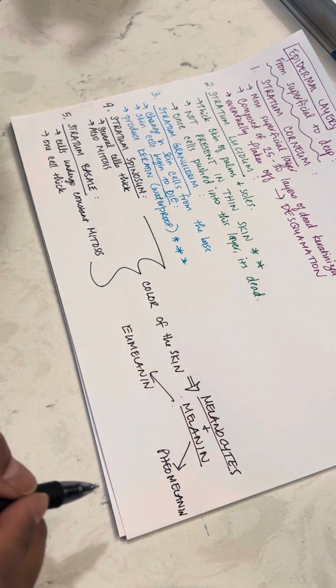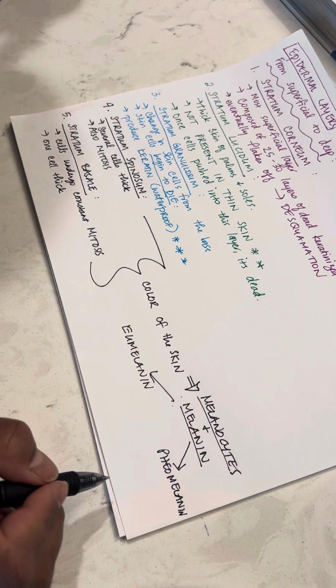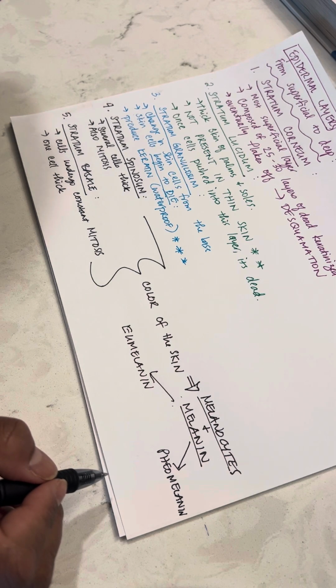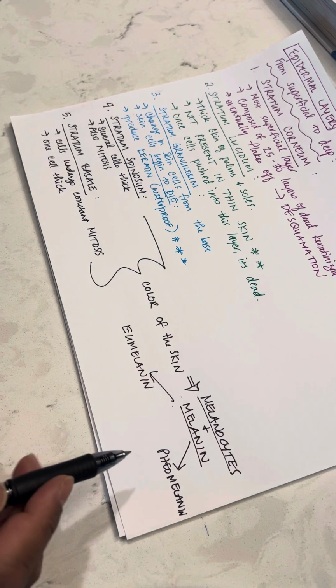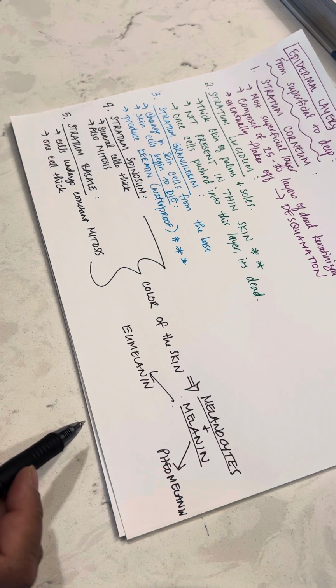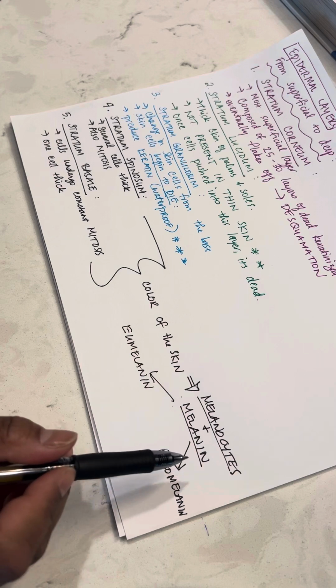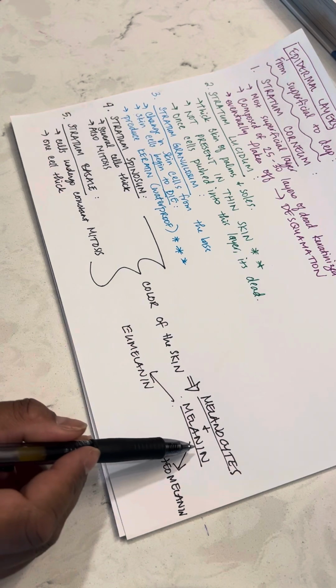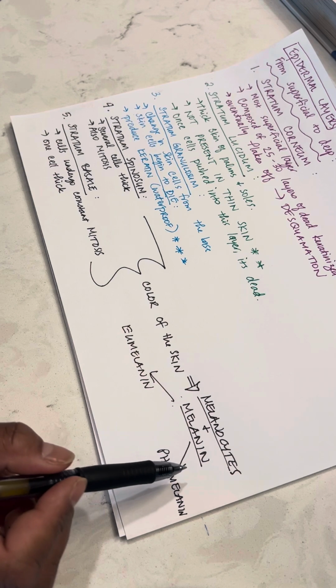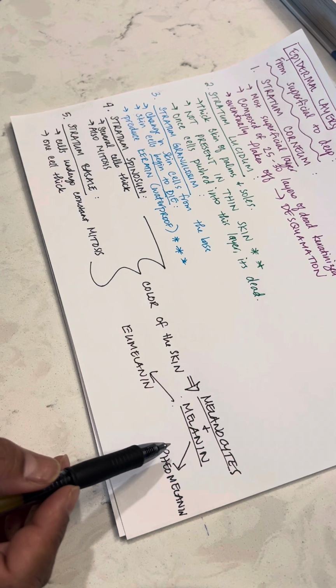So, remember we talked about the Golgi apparatus and the secretory vesicle? Well, that's where this is made. It's made in the Golgi apparatus, and it's packaged into the secretory vesicles, okay?